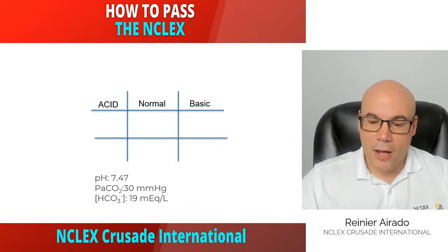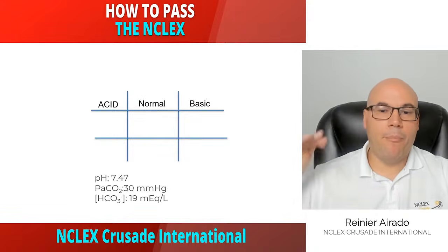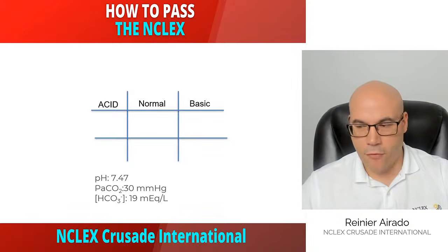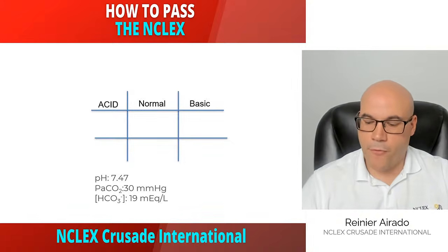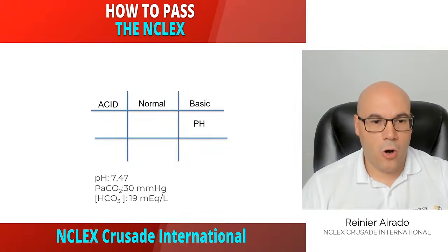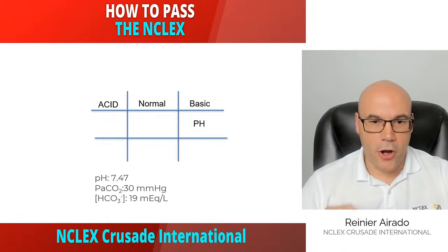The pH now is 7.47. So again, we have a scenario that the pH is above normal range, 7.35 to 7.45. Now it's 7.47. So the pH is alkalotic or basic. The CO2 is 30.